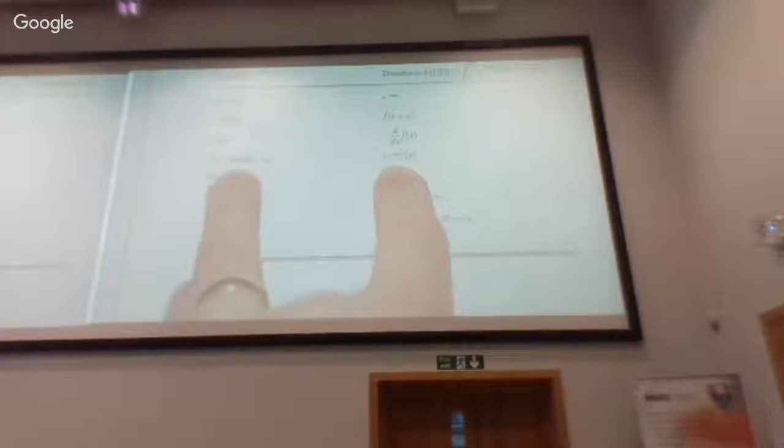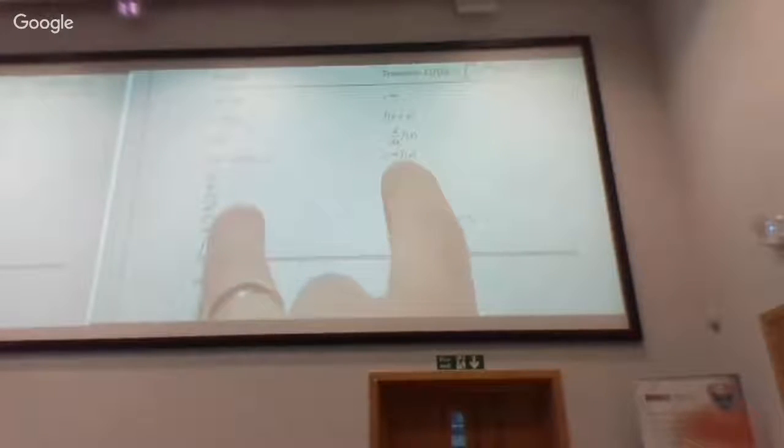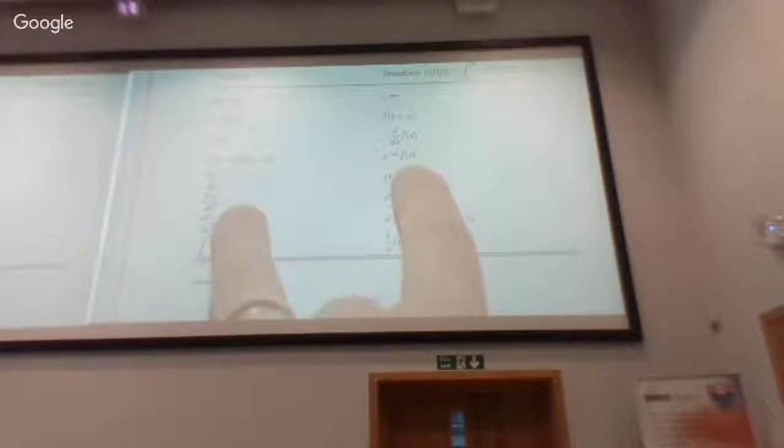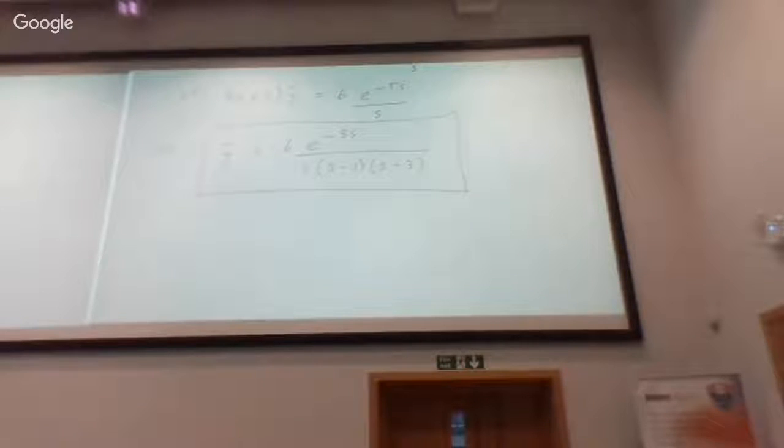Okay, because what we were looking at on the page a minute ago, we'll look at it again now, is some exponential e to the minus as multiplied by an f bar, multiplied by something that we recognize as a Laplace transform. Okay, because it is multiplied by 6 over s times s minus 1 times s minus 3. Now that function on its own in terms of s, that itself isn't on the table.